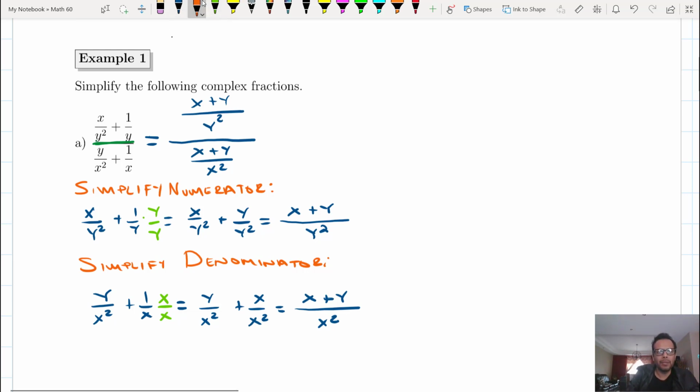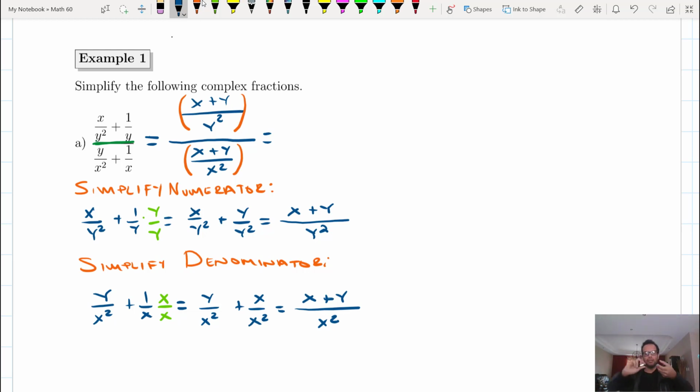Keep in mind that when we have a big fraction divided by another big fraction, it would be a good idea to group. And we did an example like this when multiplying and dividing fractions, right? On section 6.1, in which we have a big fraction divided by a big fraction, as opposed to the other examples in which we have a huge rational expression, the division sign, and then the second fraction, the divisor in this case, right?